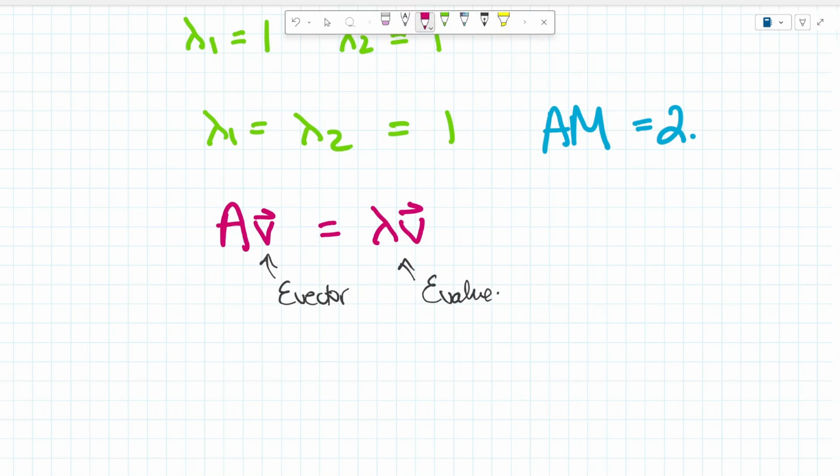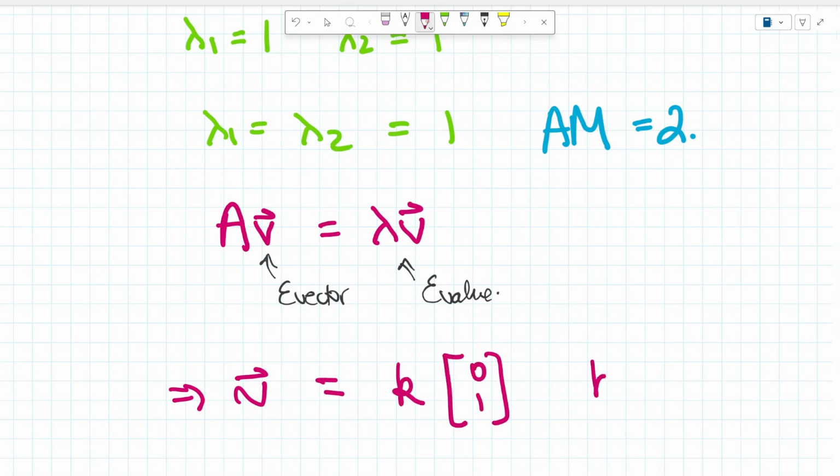If we follow this definition, we get that our eigenvector V is equal to k, which is any scalar, multiplied by [0, 1]. So k is any scalar.